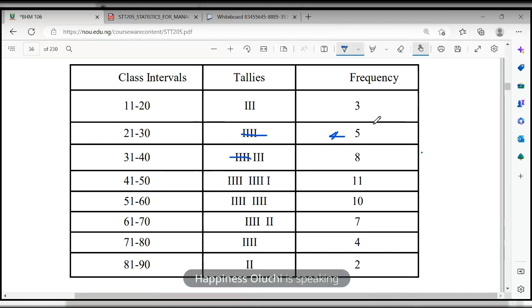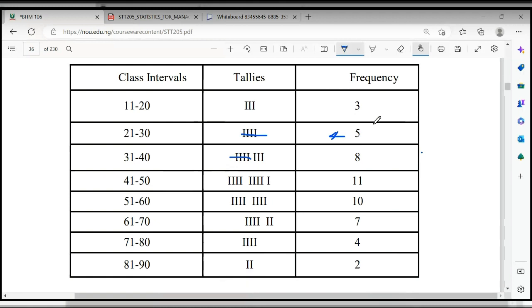Okay, plus 7. 44. Plus 4, 48. Plus 2. 50.